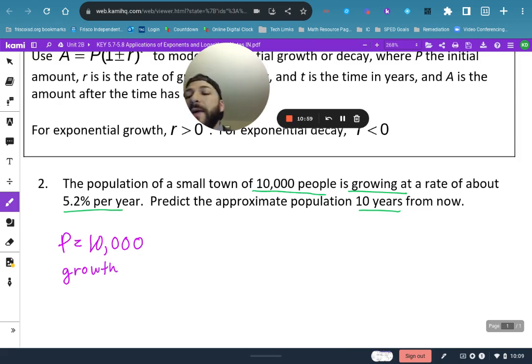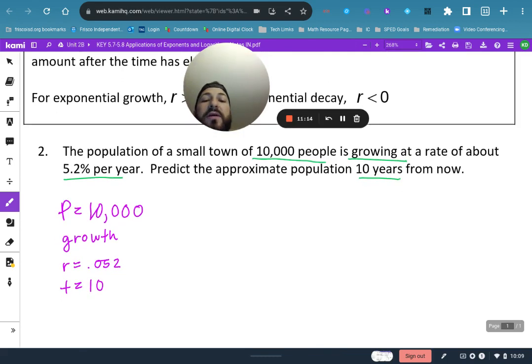Our rate is 5.2%, so that means R is equal to 0.052. And then we want to predict the approximate population in 10 years, so T is going to be equal to 10. And then, of course, what are we actually trying to find? We're trying to find that population, so A is our unknown variable.